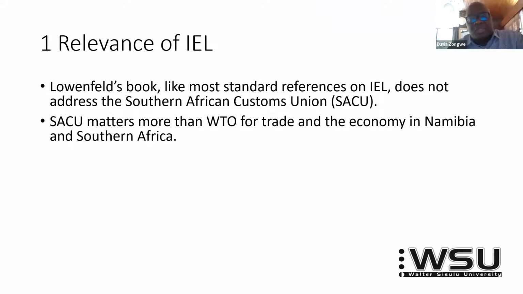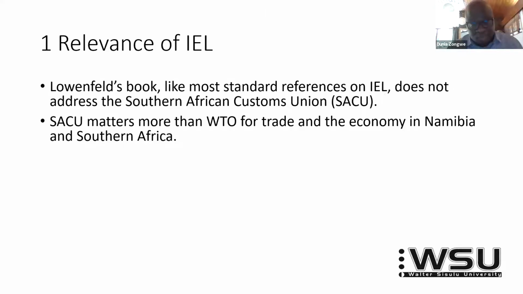And the reason why I'm saying this is because SACU represents the greatest source of income of 3 members of the 5 members of that union. It is the greatest source of income for Namibia, about 40% of government revenue. It is also the greatest source of income for Lesotho and Swaziland, and it represents more than half of government revenue.